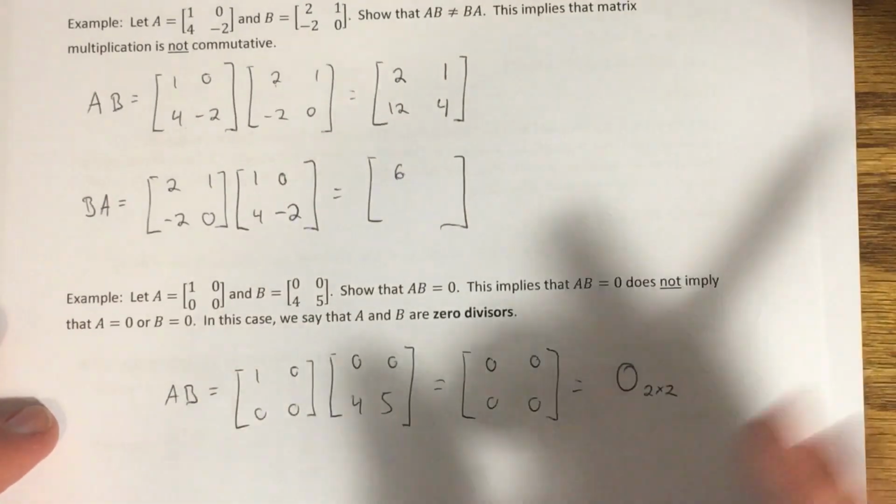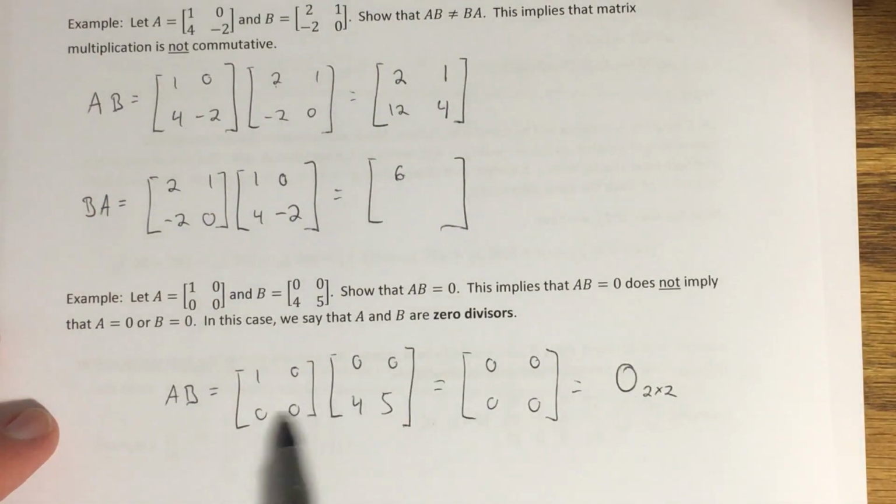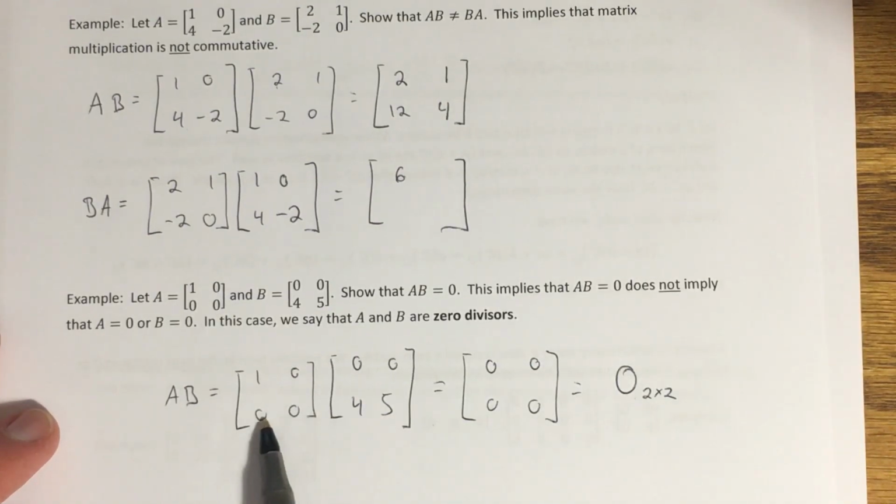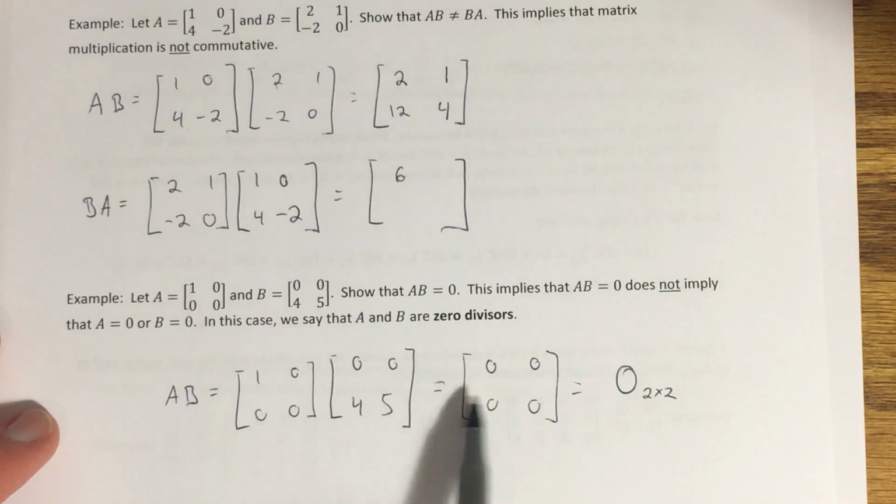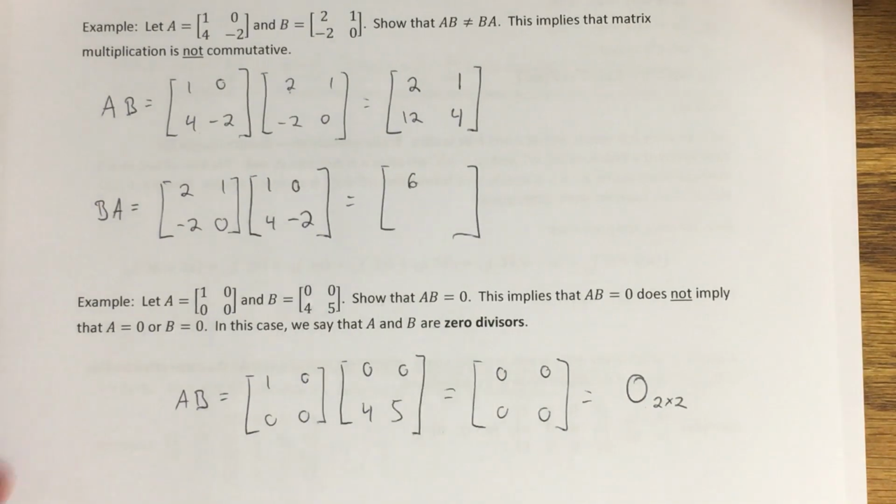I actually wanted to mention some terminology here. When you get a product of two matrices that's equal to 0, then we call these matrices zero divisors. We don't really deal much with zero divisors in this class, but if you are majoring in math, you'll go on to take a course in abstract algebra, most likely, depending on where you go to college after this.